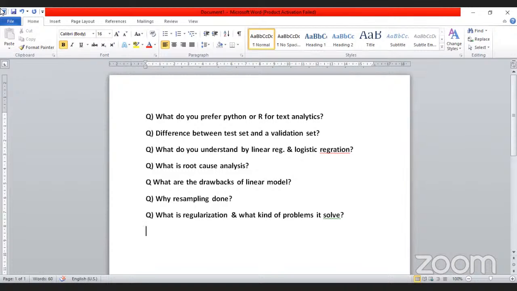That is regularization, and it is used to solve underfitting and overfitting issues, to increase the accuracy of our model. Is it clear now what regularization is and what kind of problem it is solving?